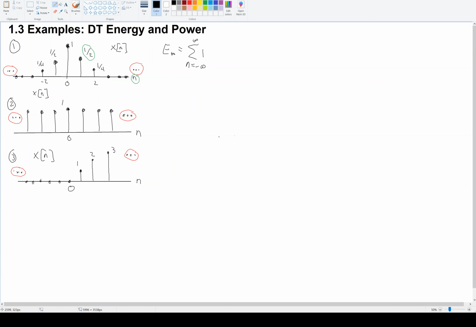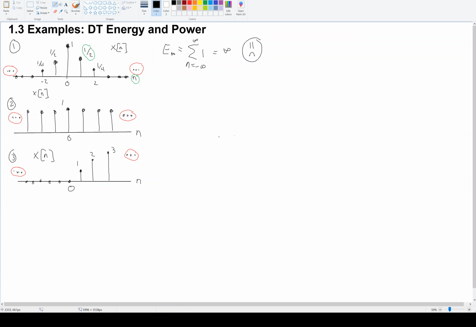So I'm just going to write 1 there. So what do you get when you add 1 infinity times? Oh, you get infinity. So we're kind of sad that we didn't get a number there. We have infinite amount of energy in example 2 because it goes on forever.